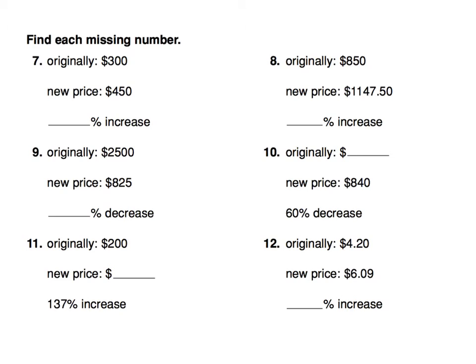We have a difference of $150. And now we're going to divide by the original number, the original amount. So you'll see that for that one, for number 7, we have a 50% increase. So go ahead and take a minute, see if you can figure out the rest of those answers. And we're going to look at a couple more here.